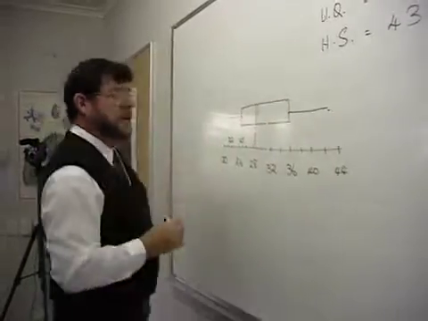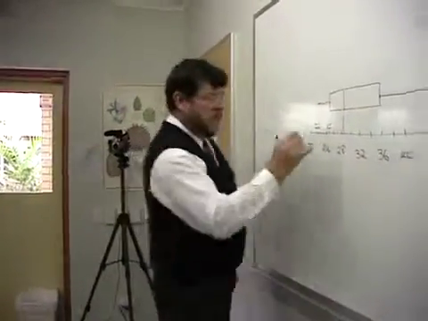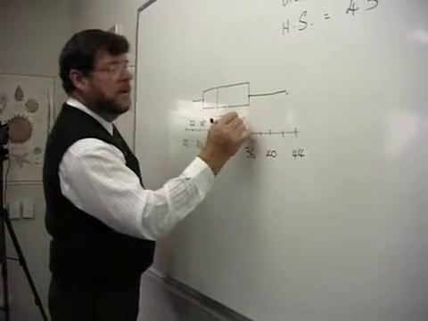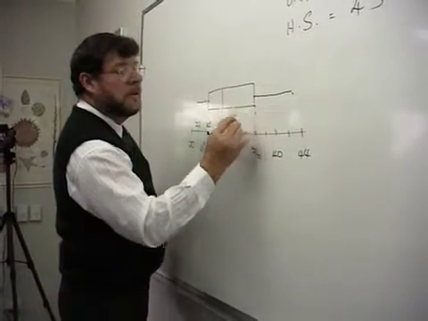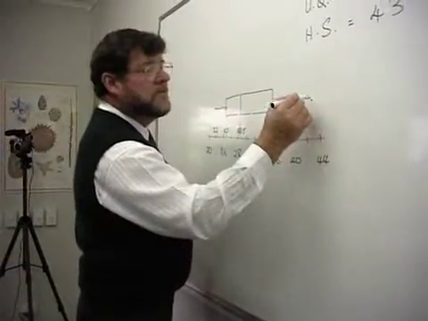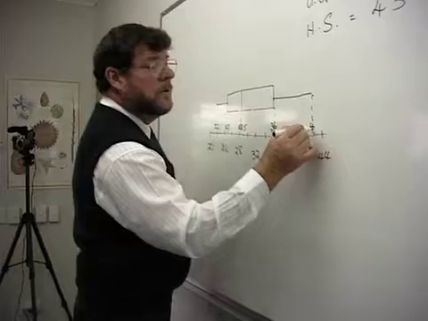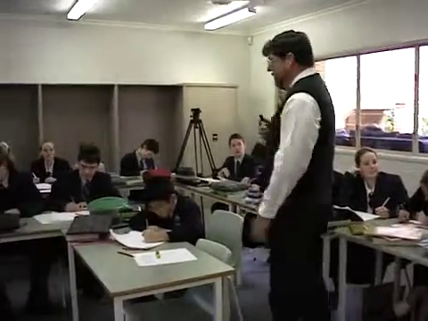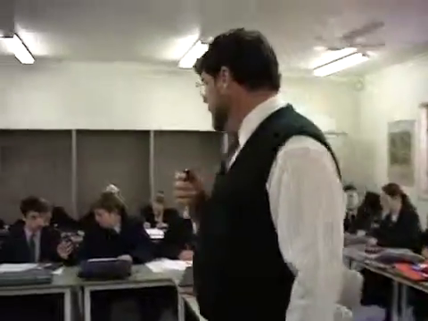What was that point there? 28.5. This one? 36. And the last? 43. Now there is no doubt what each of those points is. You agree? Anybody got any questions?